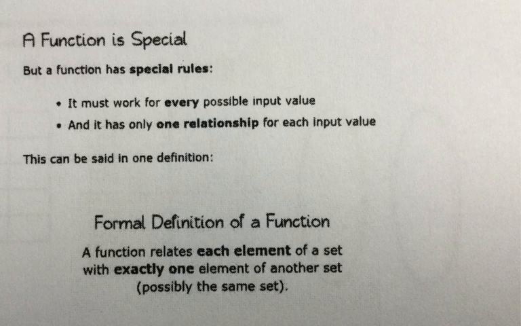Again, this is their big time formal definition. For me, I say a function is a special relation where every input has exactly one output. Okay? That's really what's going on there.